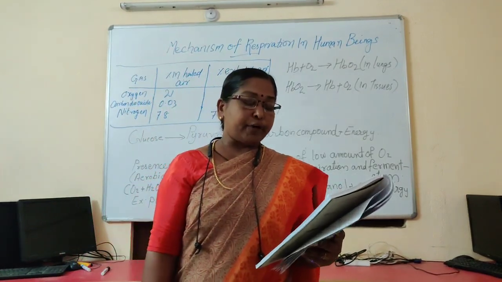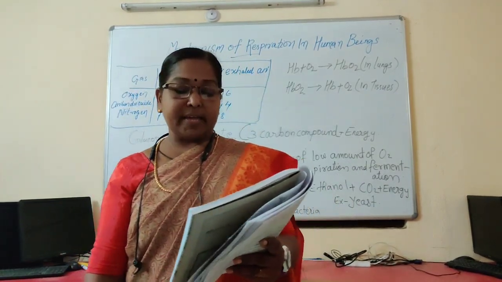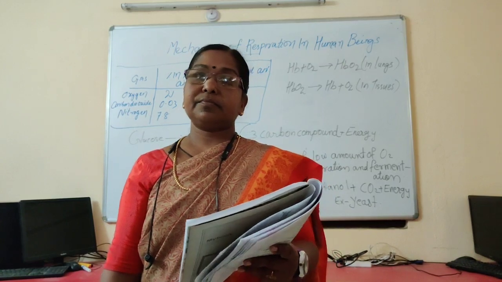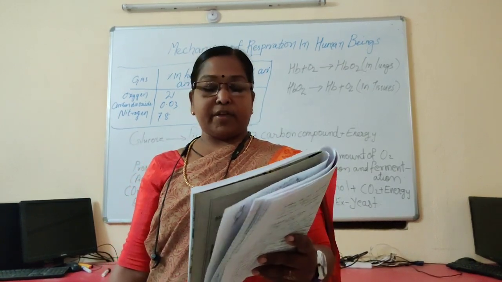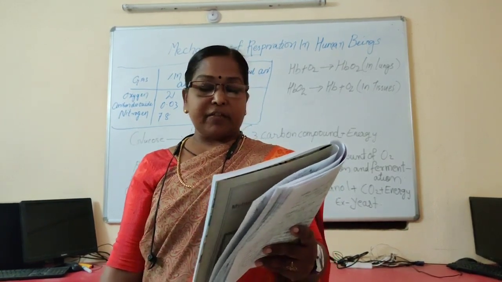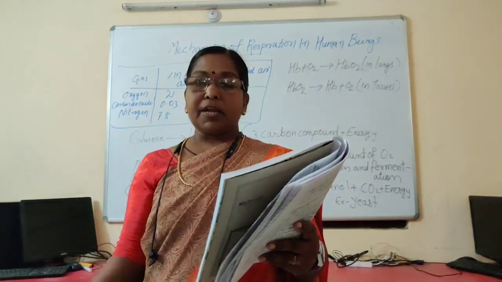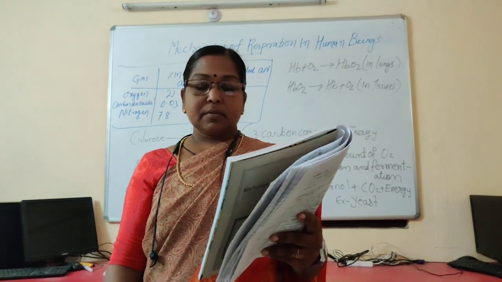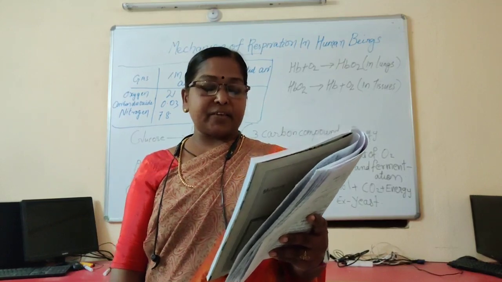Next, I am going to teach transportation of gases. We know air is a mixture of gases that fills the lungs, and in the alveoli the exchange of gases takes place.